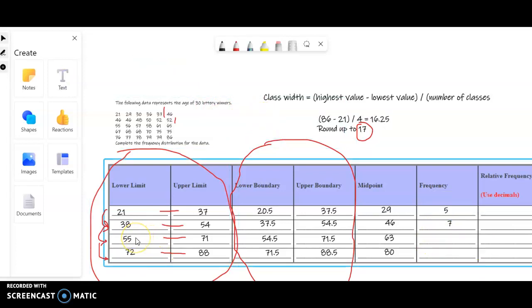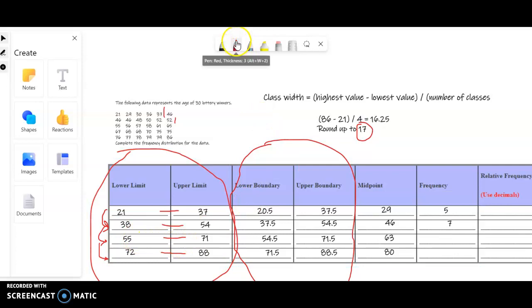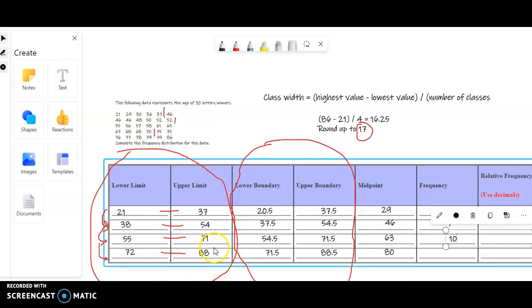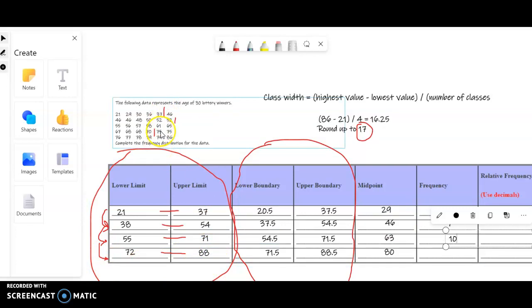The next category is from 55 to 71. That would bring me to here. Those are not ones, that's just a breaking spot. 1, 2, 3, 4, 5, 6, 7, 8, 9, 10. 10 numbers fall in that category. And between 72 and 88, that should be the rest of the values. 1, 2, 3, 4, 5, 6, 7, 8.